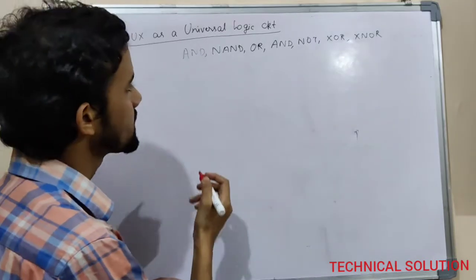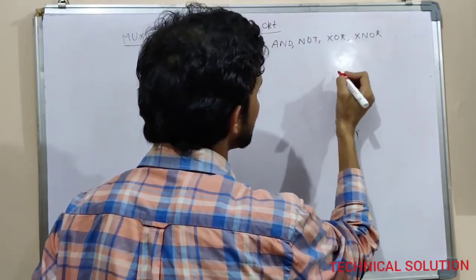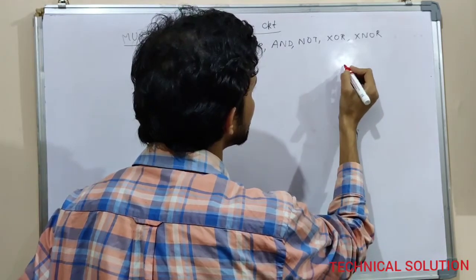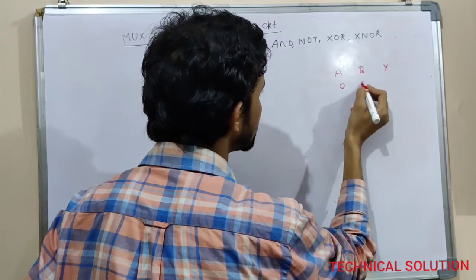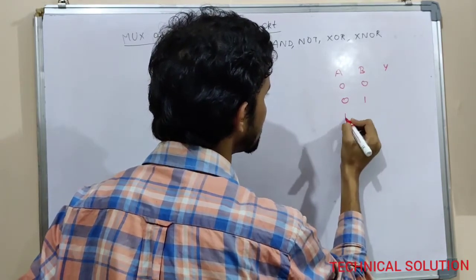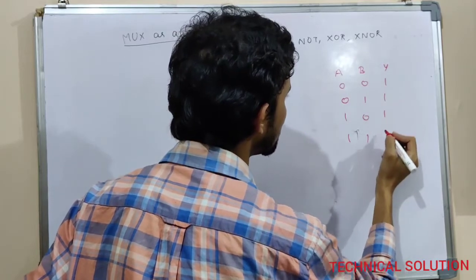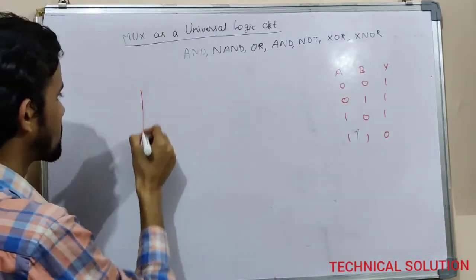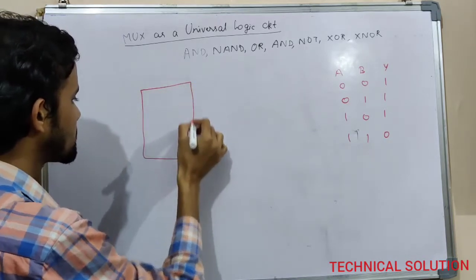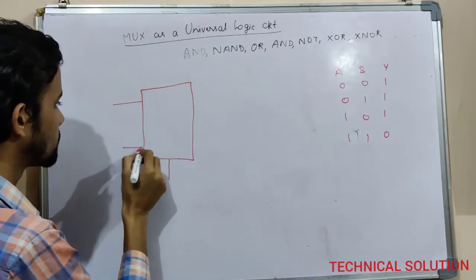Okay, how to realize NAND gate using multiplexer? First of all, we have to write the truth table of NAND gate, that is A, B, Y, that is 0, 0, 1; 0, 1, 1; 1, 0, 1; and 1, 1, 0. The 2x1 mux is given like this, in which 1 is the selection line and there are 2 inputs.